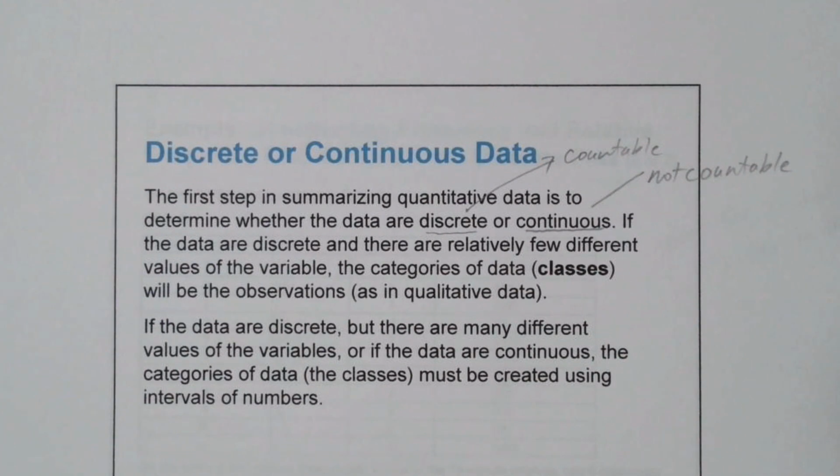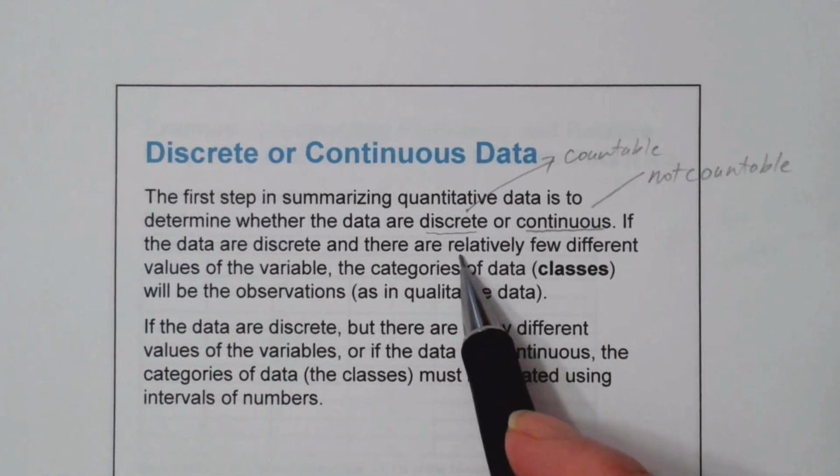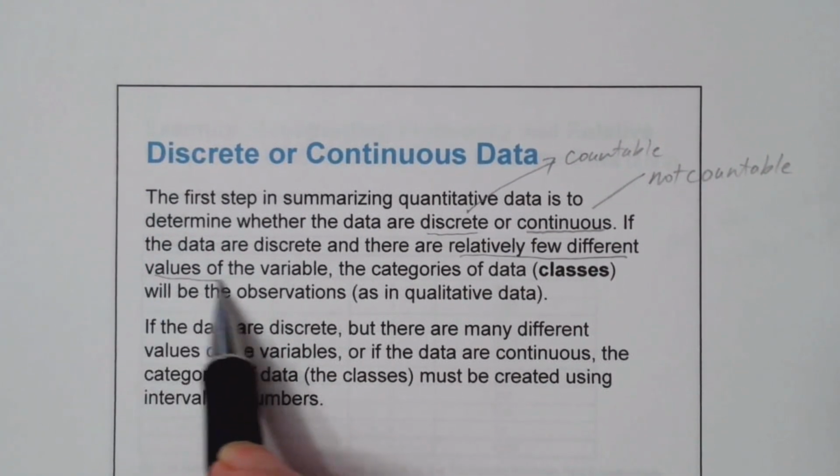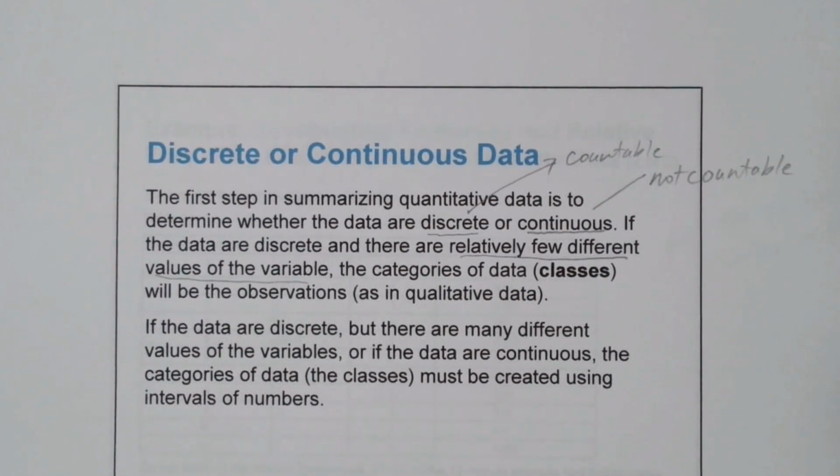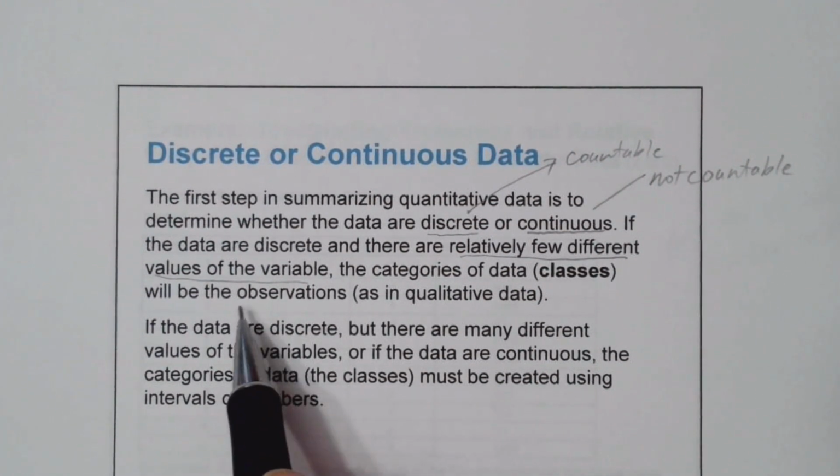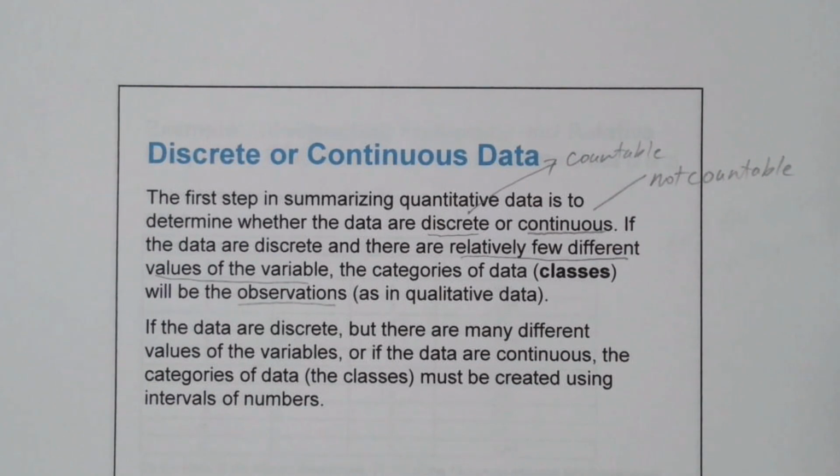If the data are discrete and there's relatively few different values of the variable, then the categories or classes will be the observations. So we'll see that in the next slide. It's very similar to qualitative data for the discrete case.